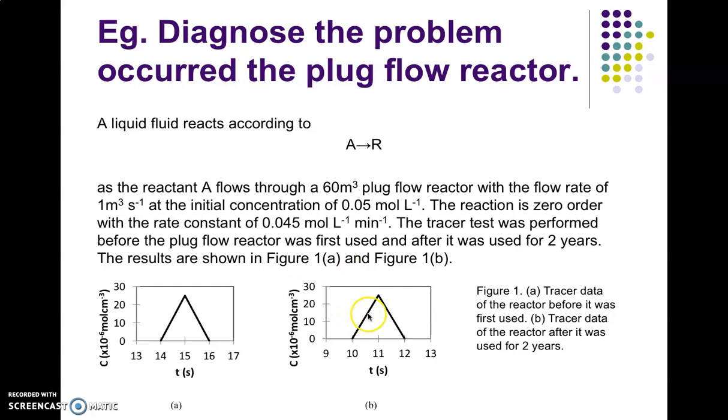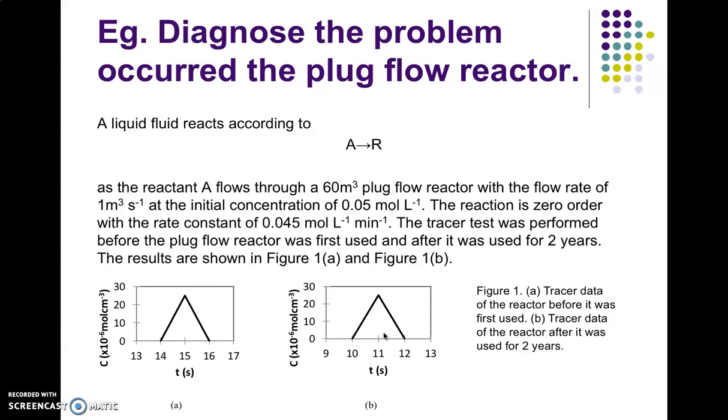You need to calculate your tm based on this tracer data. Again, you need to calculate your E(t) first: convert this C data to E(t), and only then can you calculate tm. I leave it to you to continue the example.